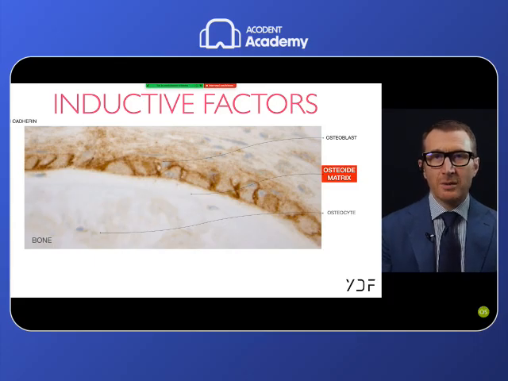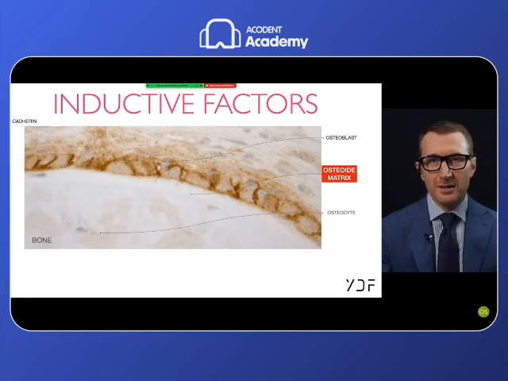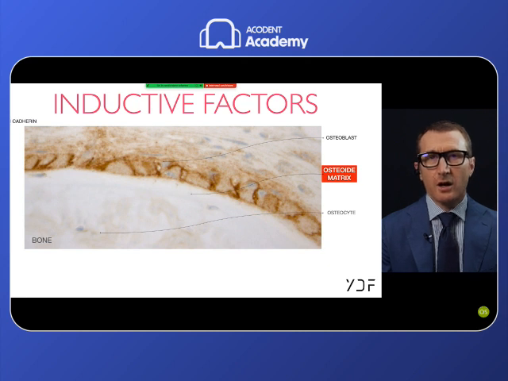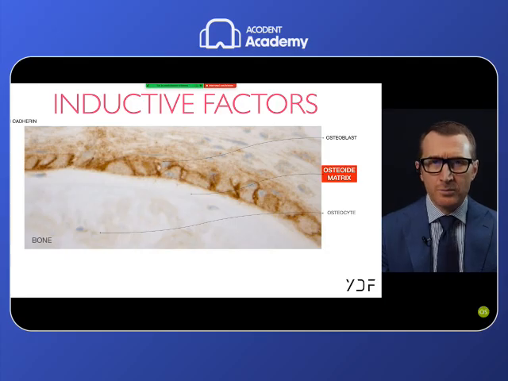And being transformed into new osteoblasts, these cells are going to produce new BMPs themselves, involving neighboring cells in the differentiation, so that we have a sort of positive circle where osteoblasts are not just producing new osteoid matrix, but also influencing the neighboring cells to transform themselves into new osteoblasts.